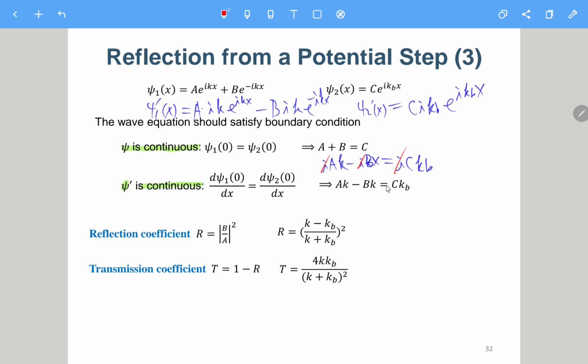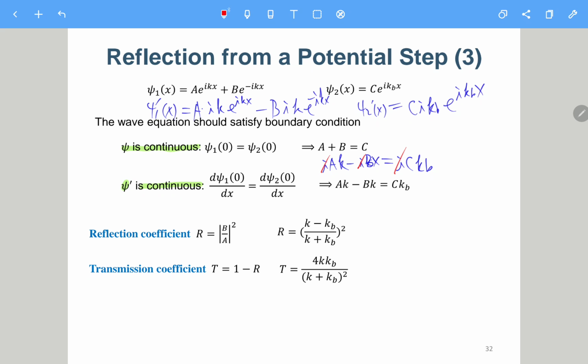So we have these two conditions. Actually, we have 3 unknown variables, but for the boundary condition we only write out 2 equations here. And of course, if you still remember, the probability density function should be integrated to be 1 from negative infinity to infinity. So this may further give you the 3rd condition, but here we can just skip that one because it makes things complicated.